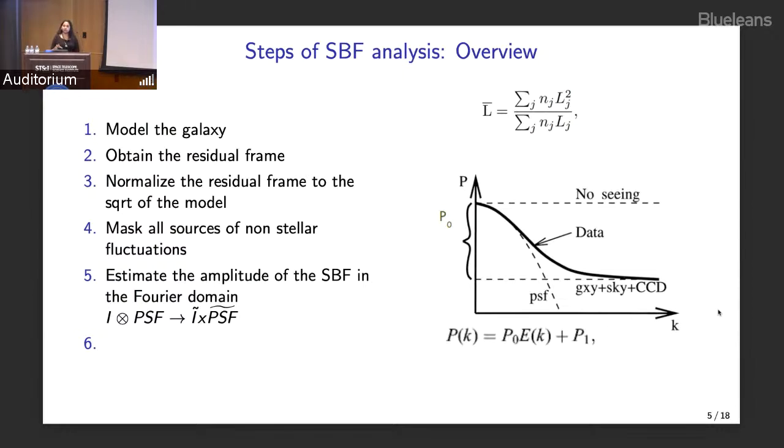Overall, the SBF signal is a ratio of the second to the first mode of the luminosity function. And how we get that is by modeling the galaxy profile, removing it, and characterizing the residuals very accurately.